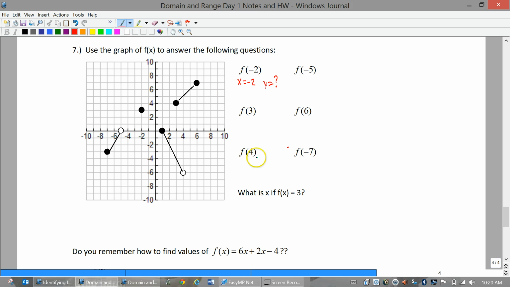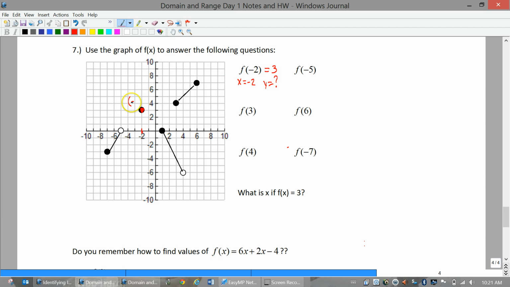That's what f of -2 means. X being -2 is here. There's a dot right there, isn't there? What's the y coordinate of that dot? It's 3, isn't it? So this actually equals 3.